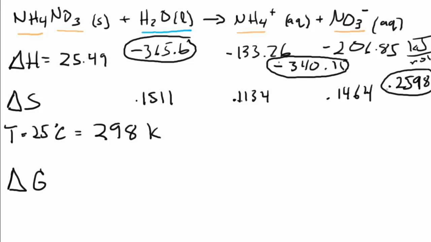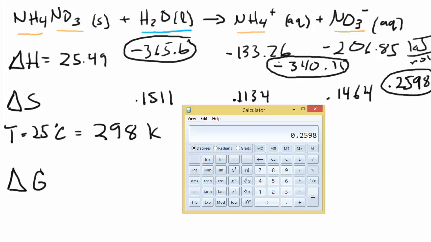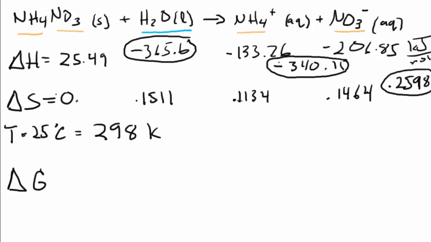And then it's just 0.2598 minus 0.1511, which is the entropy of my reactant over here. So minus 0.1511, and I get 0.1087. Bam. Nice.